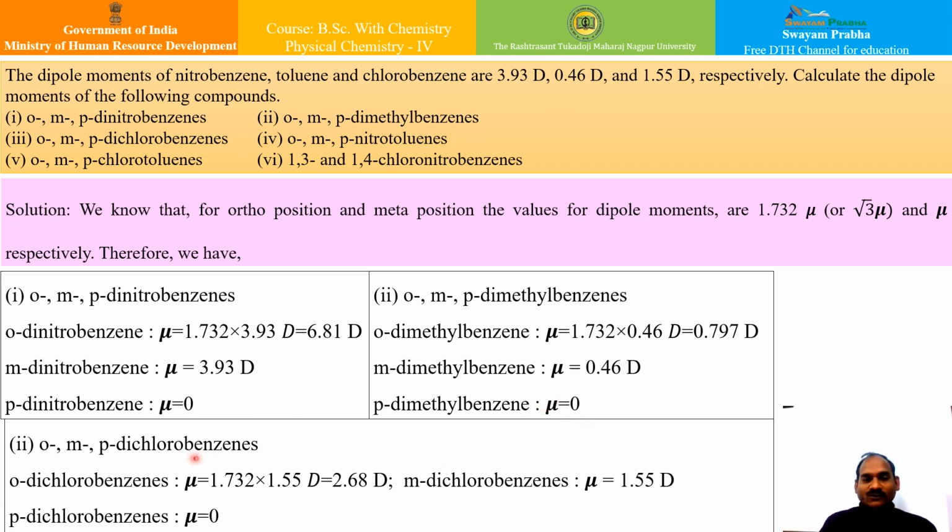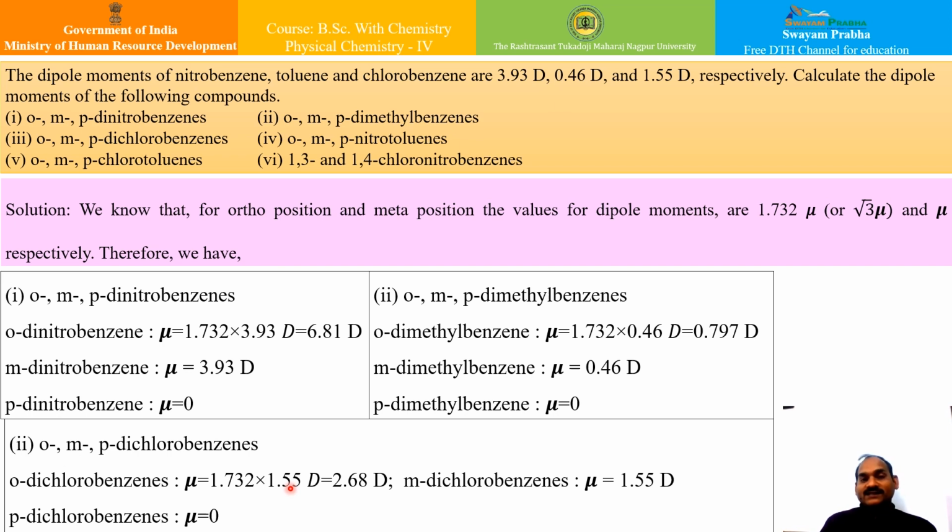Similarly, the third case is ortho meta para dichlorobenzene. In case of ortho dichlorobenzene, my dipole moment is 1.732 into 1.55 dB, which is nothing but 2.68 dB. Now meta dichlorobenzene, in this case mu is equal to 1.55 dB, because it is a 1,3 disubstituted benzene, and therefore the dipole moment is 1.55 dB. And para dichlorobenzene, since the angle is 180, my dipole moment is 0.